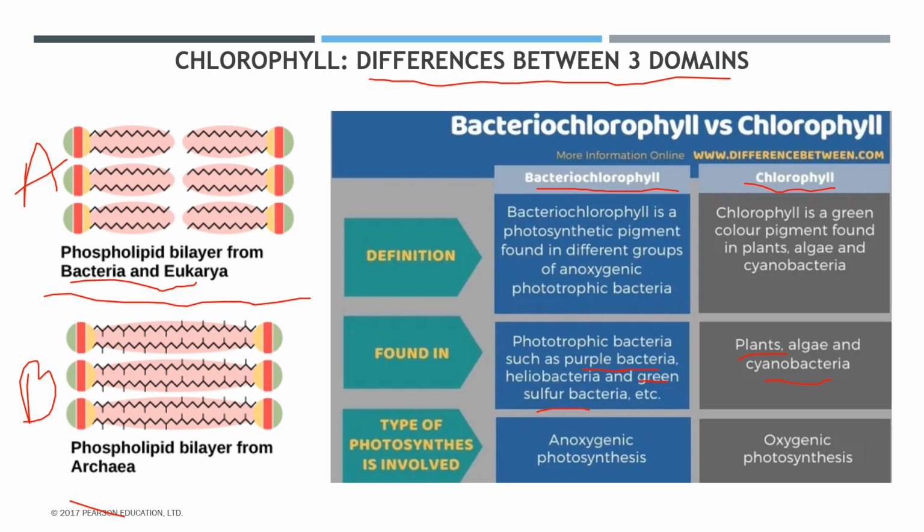In other words, there could be multiple pigments, and as a result, you can have different types of photosynthesis: one that is anoxygenic and doesn't require oxygen, while the other requires oxygen. So again, this shows that the correct answer is the lipids, not option D about the chlorophyll.